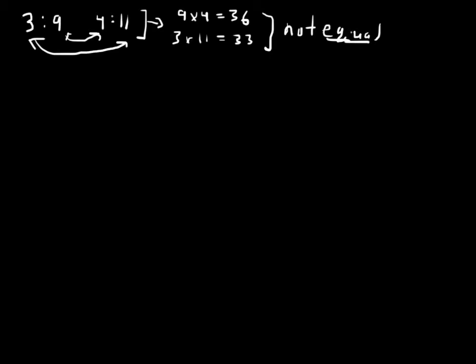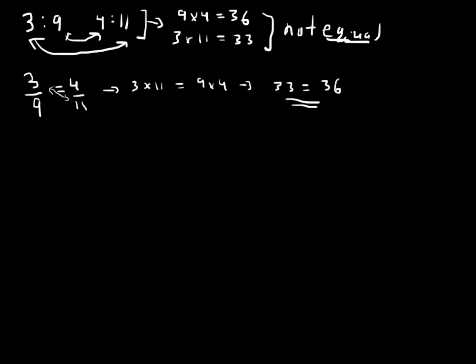Now you could have done this with fractions. It's 3 to 9. We started out with the assumption that 3 over 9 is equal to 4 over 11, and we cross multiply. We get 3 times 11 is 9 times 4, which is 33, 36.